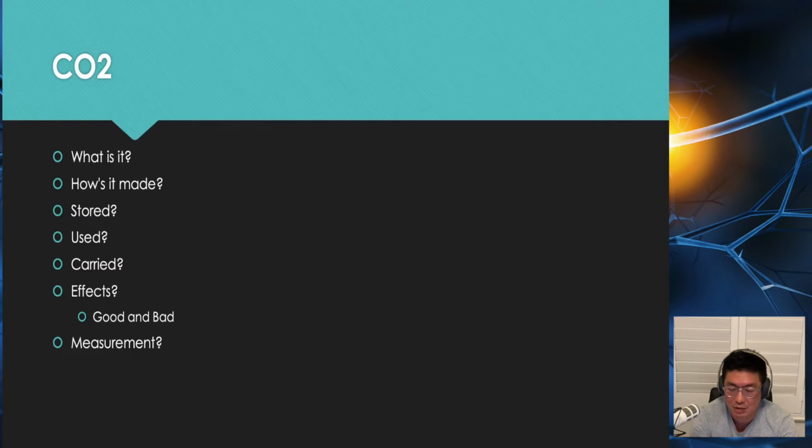It is clear and colorless as well. It does not support combustion, and it is not flammable. And within the atmosphere, there's 0.04% CO2 at 1 atmosphere. Okay, cool. All right, so you're right. So it is a polyatomic molecule, CO2.